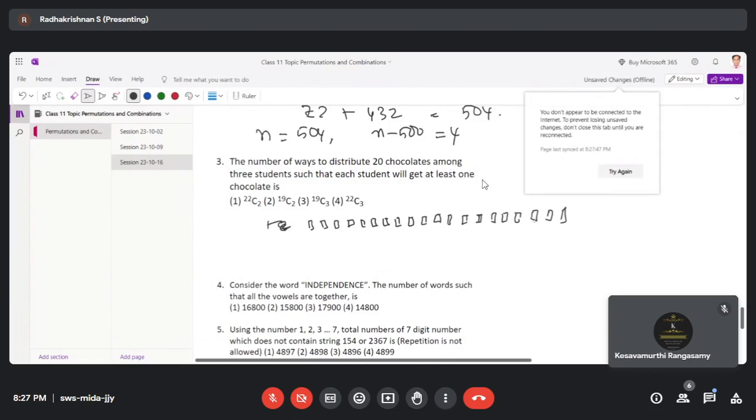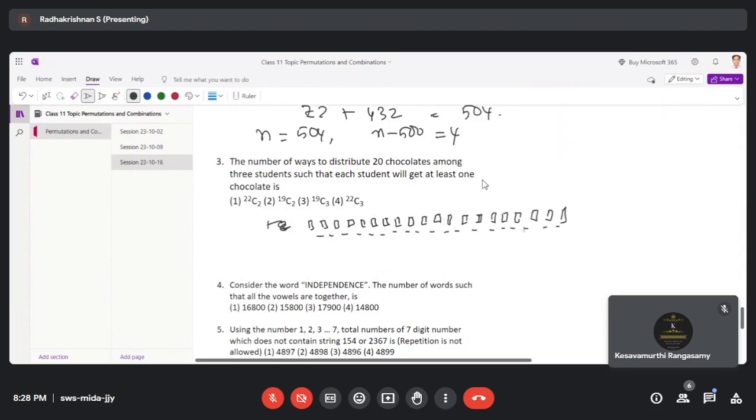Now we have to distribute it to 3 students so that each student will get at least 1 chocolate. How many gaps are there in between these chocolates? 19 gaps are there, right?